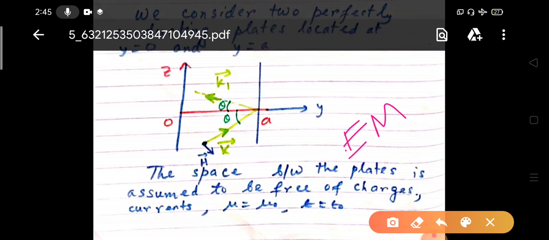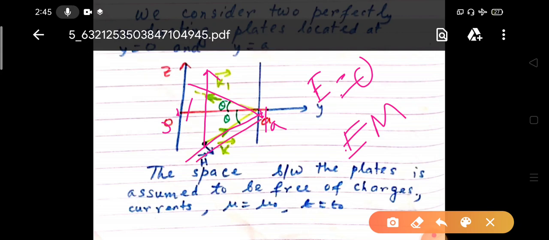The propagation will certainly be parallel to the conductors, because at the boundaries, that is at y equals 0 and y equals a, the electric field vector should be 0. There should be no electric field at that boundary, and the wave should be reflected at the boundary.